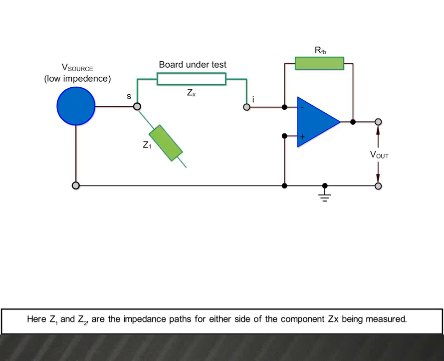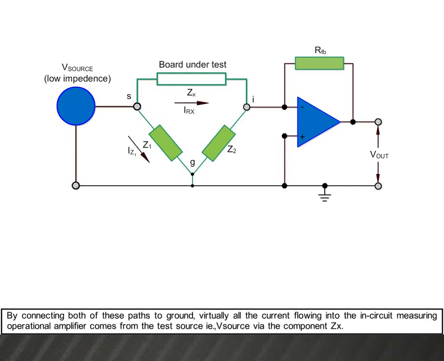Here, Z1 and Z2 are the impedance paths for either side of the component Zx being measured. By connecting both of these paths to ground, virtually all the current flowing into the in-circuit measuring operational amplifier comes from the test source, that is V source, via the component Zx.